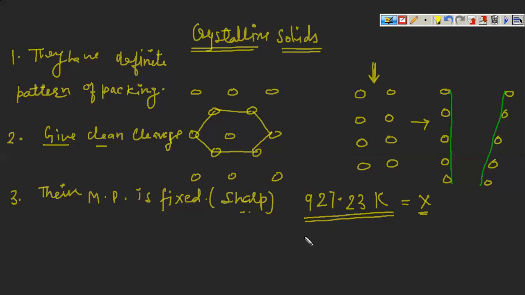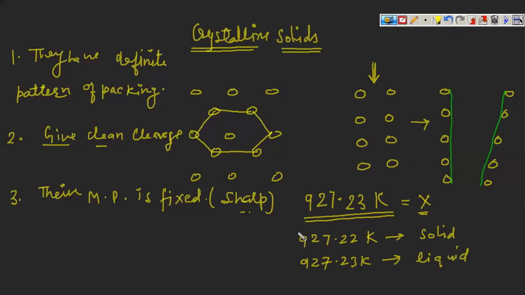So this remains solid up to 927.22 Kelvin. Up to this temperature it is solid, and as soon as you reach 927.23 Kelvin temperature, it becomes liquid.